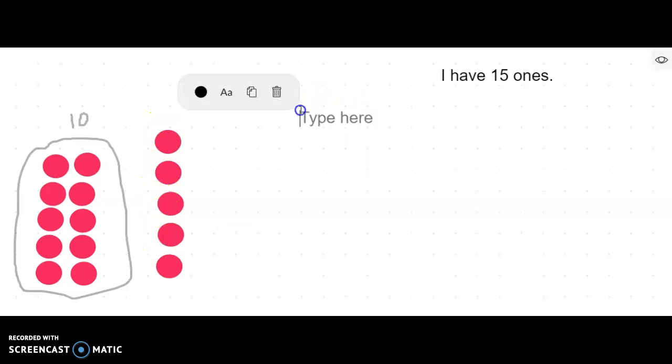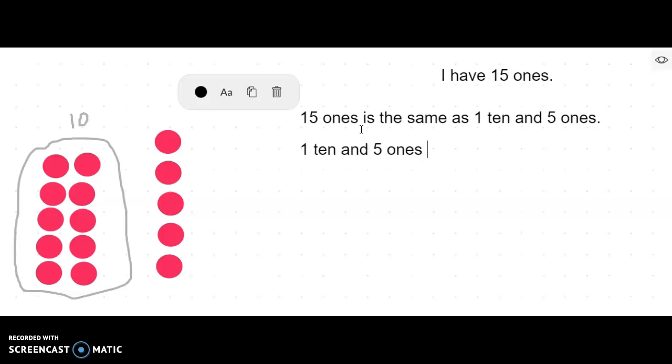So 15 ones is the same as 1 ten and 5 ones, which means 1 ten and 5 ones is 15 ones.